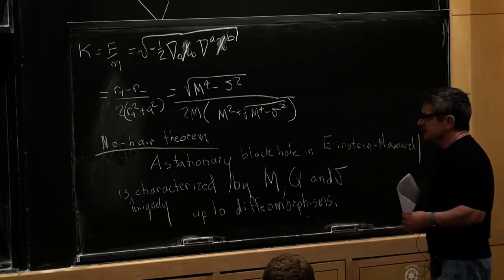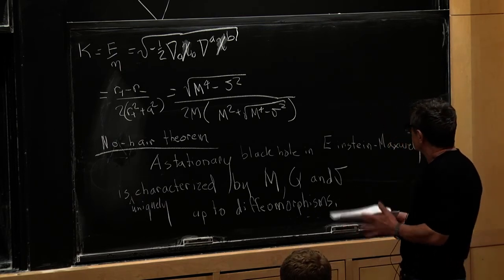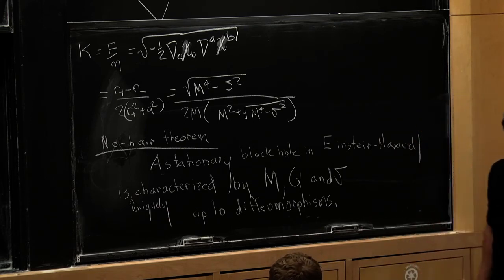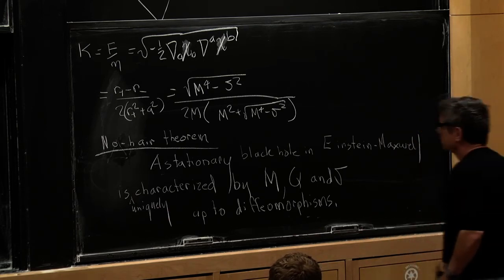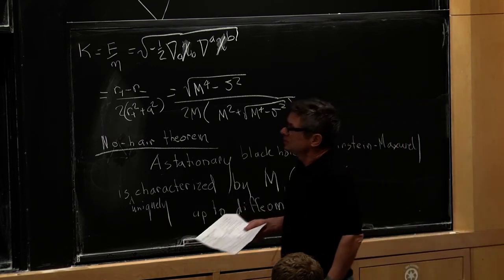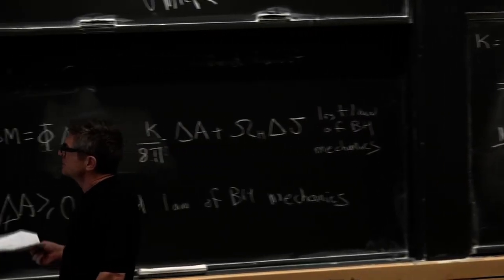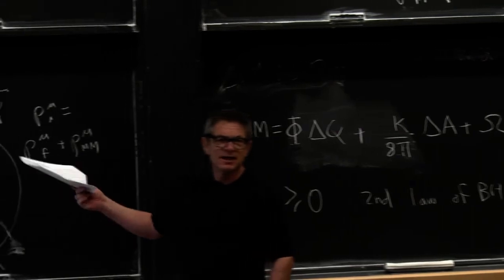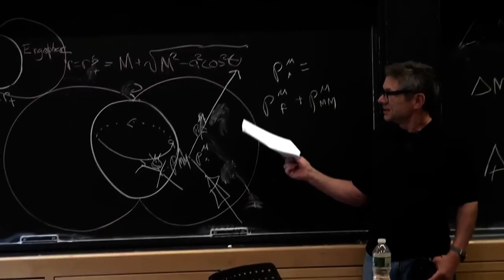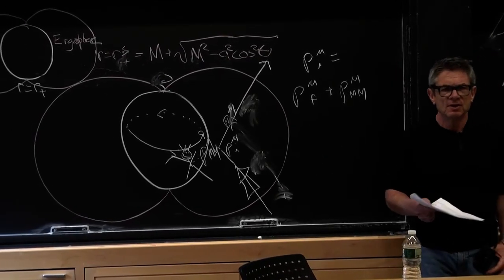So the earliest versions of this were discovered in the 60s, and it was famously called the no-hair theorem by John Wheeler, who said it's surprising that there's so much uniqueness, that there are so few solutions.